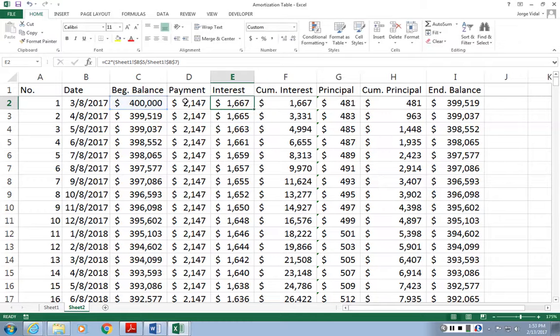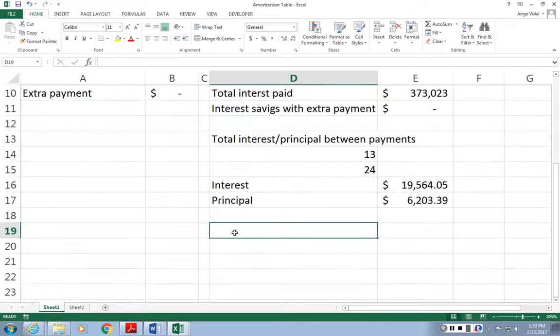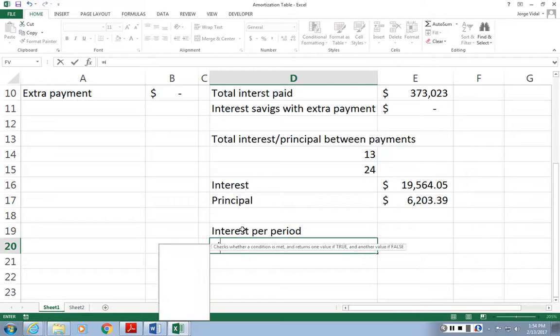But Excel has a function to do the same thing. So we're going to use that one over here. We'll call this one interest per period. And the function needs IPMT.